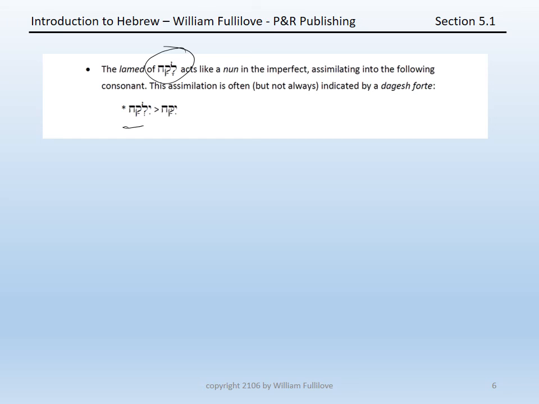So you would expect a form yilqach. Notice that the patach is due to the presence of a guttural, which often therefore causes an A sound vowel. But with the assimilation of the lamed, the form we get is yiqqach, the lamed being indicated by the dagesh forte in the qof. Similarly, the paradigm would continue tiqqach, tiqqach, etc.